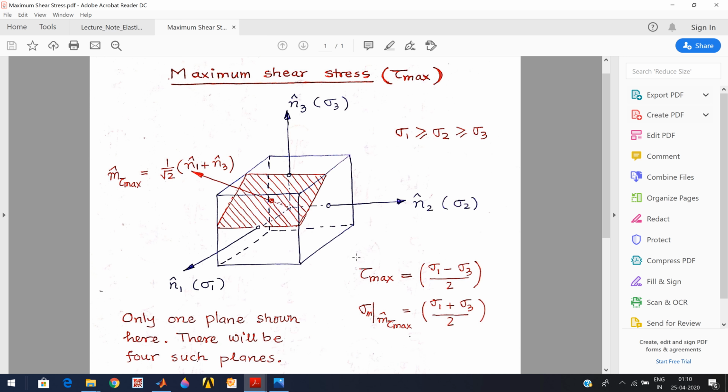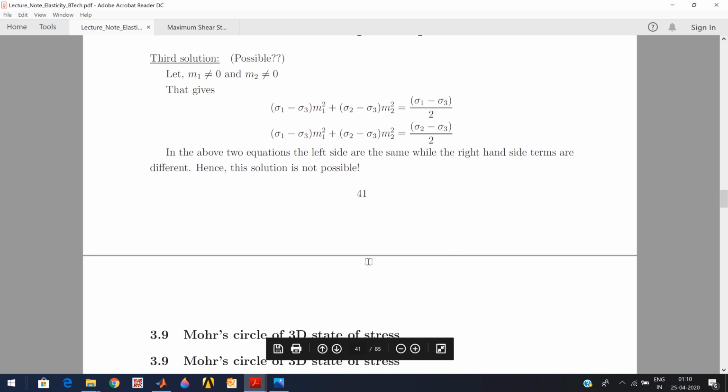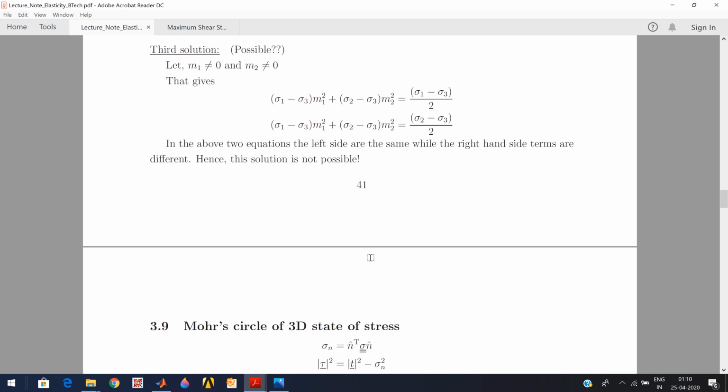All this will give the tau max as sigma 1 minus sigma 3 by 2. And on this plane, the normal stress component will be sigma 1 plus sigma 3 by 2. So that's what we have obtained for the extremum values of normal stress and shear stress.